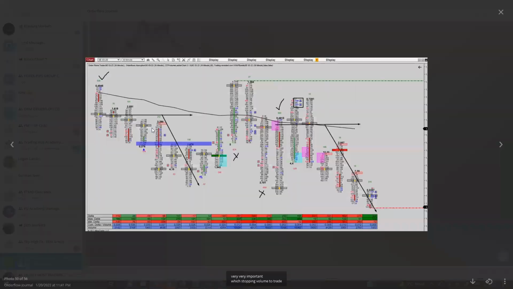Yes, see, it's very important because sometimes you are asking me which one to trade. In this chart, if you see, we have 1, 2, 3, 4, 5 stopping volumes, but which one to take, right? So I am definitely going to take the ones which are rejecting from VWAP. I'll not take this one. I'll not take a buy from here, and I'll not take a buy from here because we are on the opposite side of the VWAP.